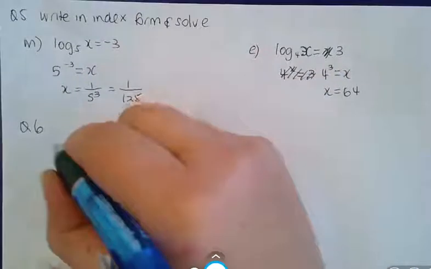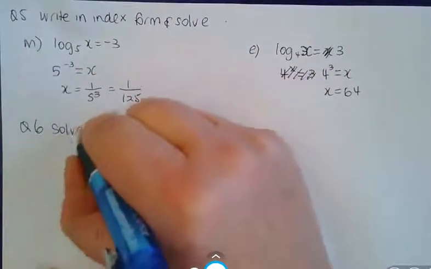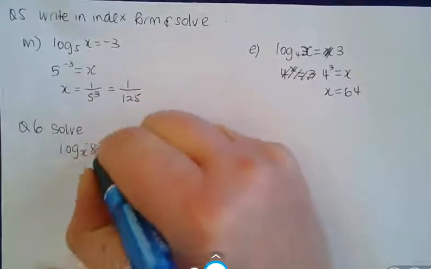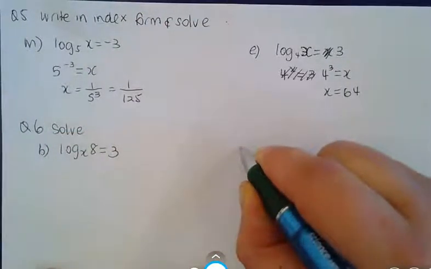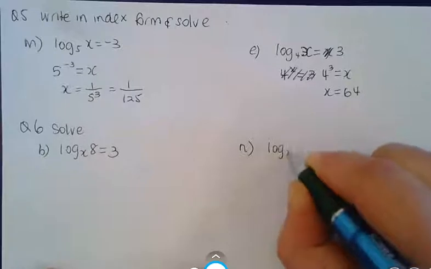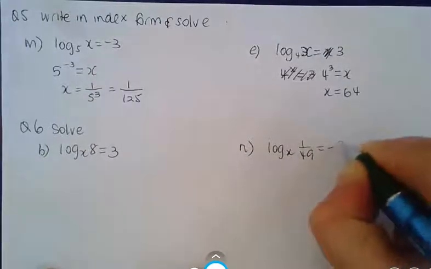Okay, question 6. Again, write in index form and solve. Log to the base x of 8 is 3. So you can see this exercise is very doable. Log to the base x of 1 on 49 is negative 2.